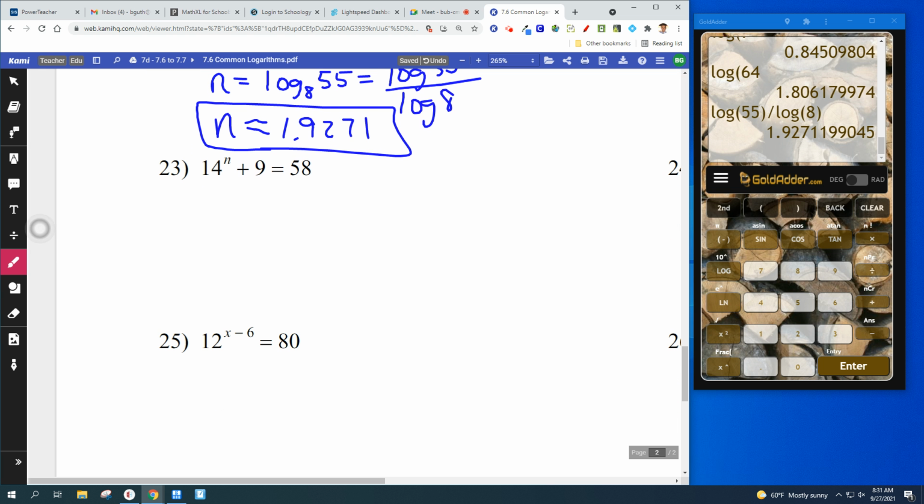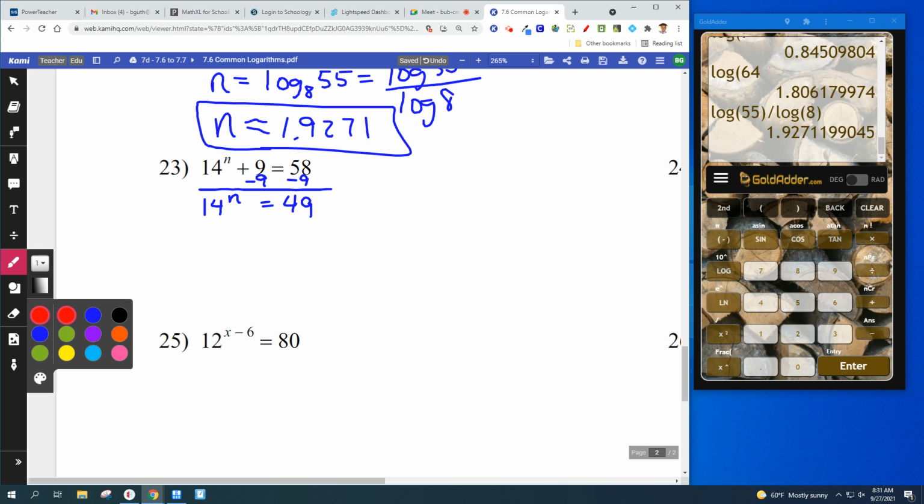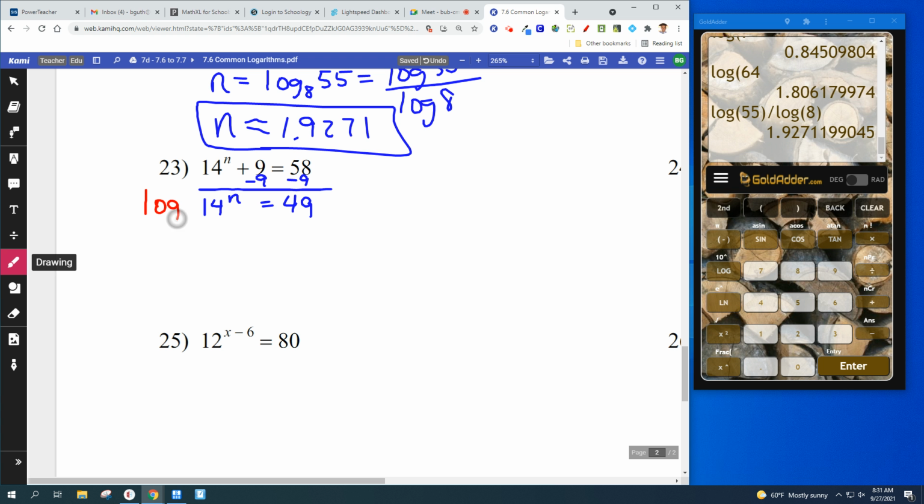Okay. 23, first thing, let's subtract this 9. 58 minus 9 is 49. We are not dividing by 14. We have to do a log. Specifically to cancel out this base 14, we have to use a log base 14.